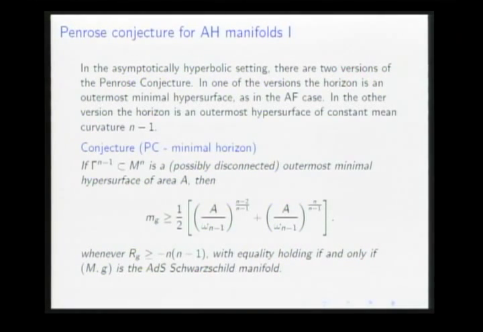So you actually have two formulations of the Penrose inequality in the hyperbolic setting. One is with minimal boundary, which is this one here. The mass is going to be greater than or equal to this number. This thing that showed up before shows up here, but you have this extra term, and equality holds if and only if the manifold is the AdS-Schwarzschild.